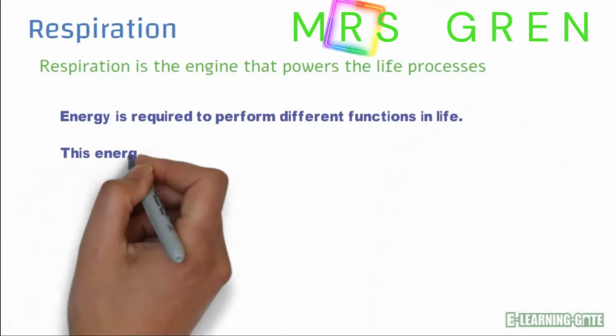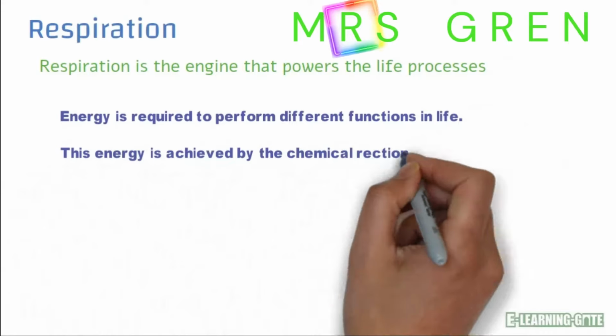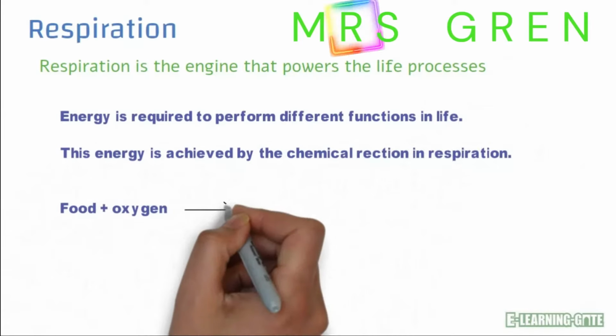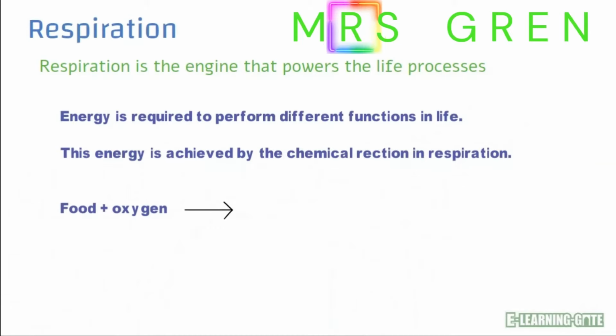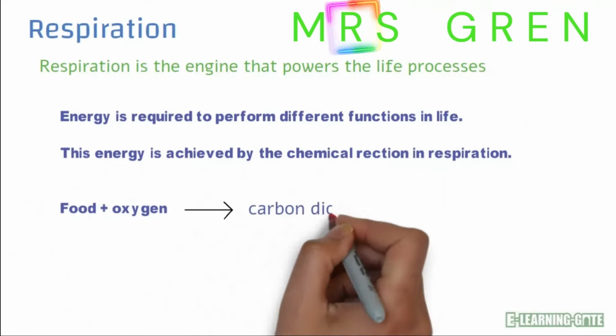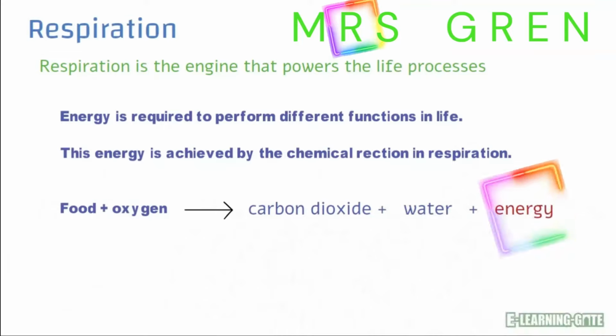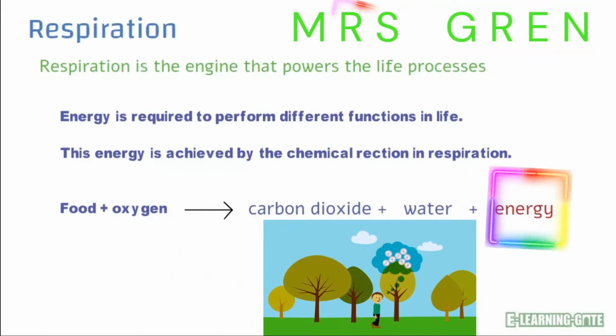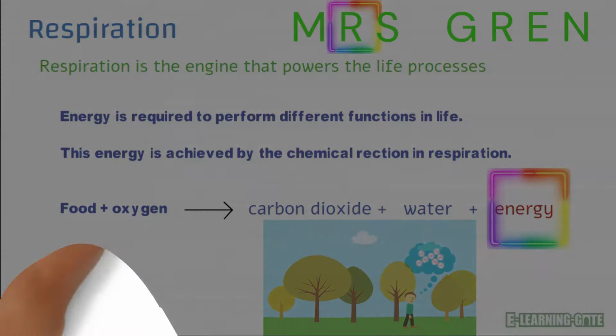This energy is achieved by the following chemical reaction in respiration. This reaction occurs in the cell. In this reaction, the taken in food is reacted with the inhaled oxygen, which produces energy, carbon dioxide, and water. The energy produced is utilized to perform different functions of life.